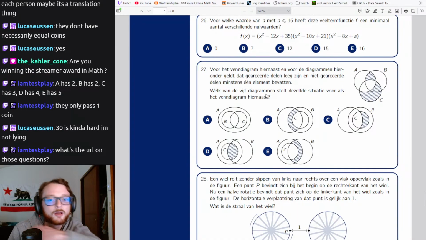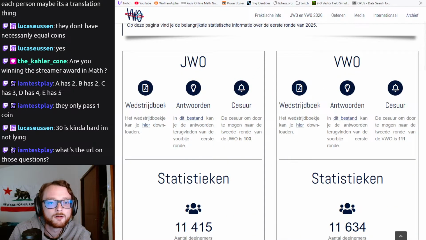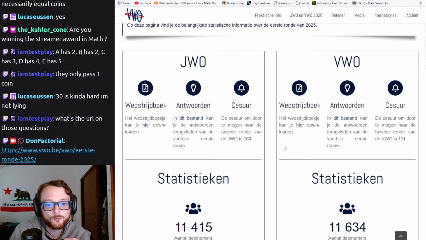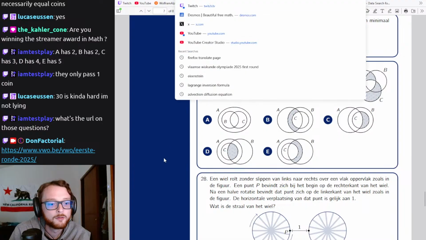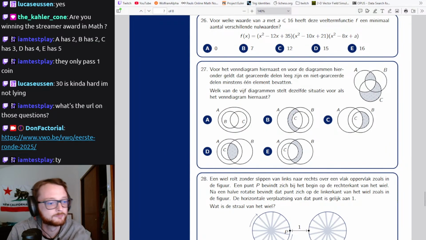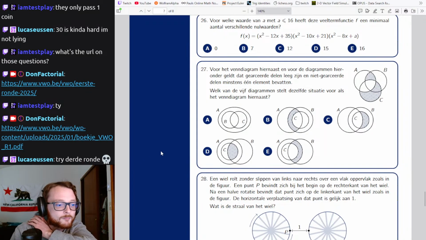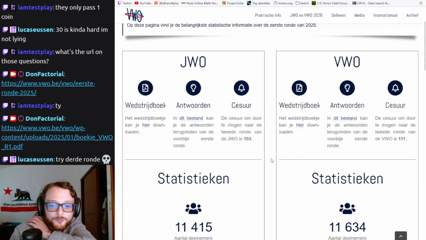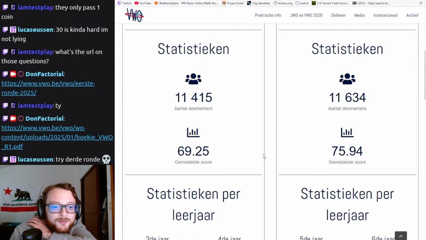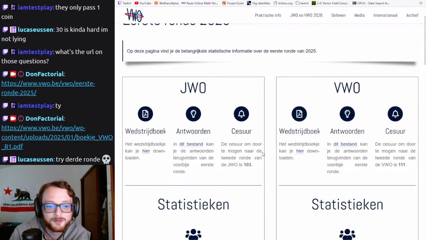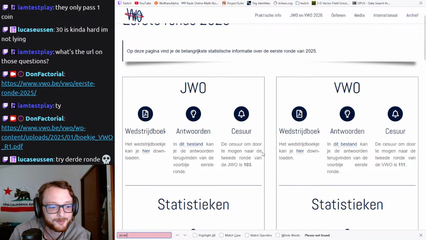It's the URL. This was the main website, and the one we were just looking at was this one here in VWO. Dare de Ronde? I'm just gonna control F. Oh, never mind. Is that on a different page?